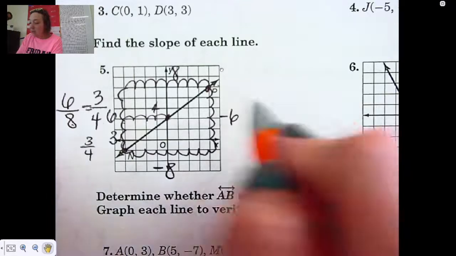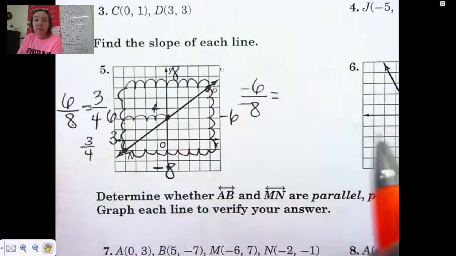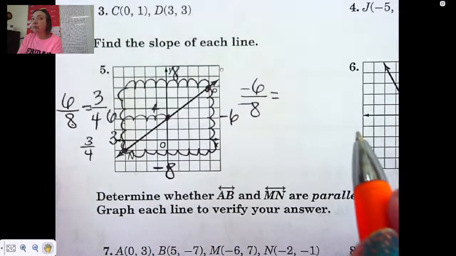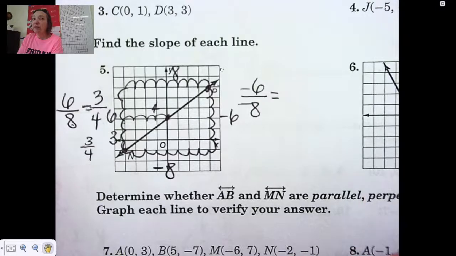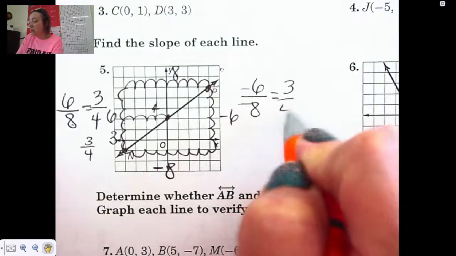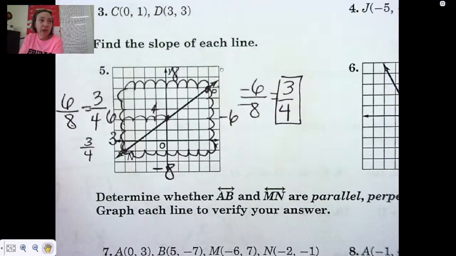And what is negative 6 divided by negative 8? Think again. What's a negative divided by a negative? It's a positive. So you're still going to get a positive 3 over 4, even though it was a negative and a negative, right? Everybody following me so far?